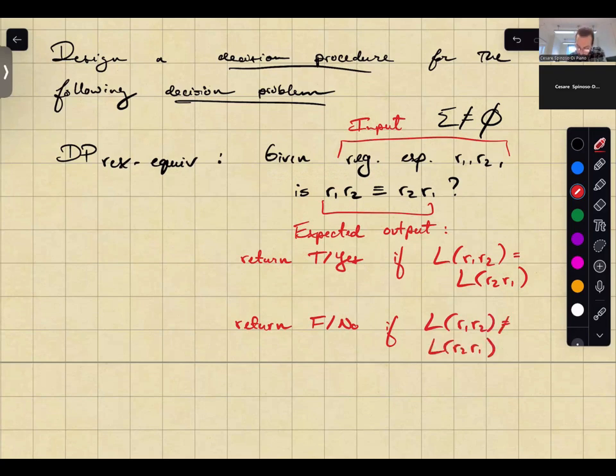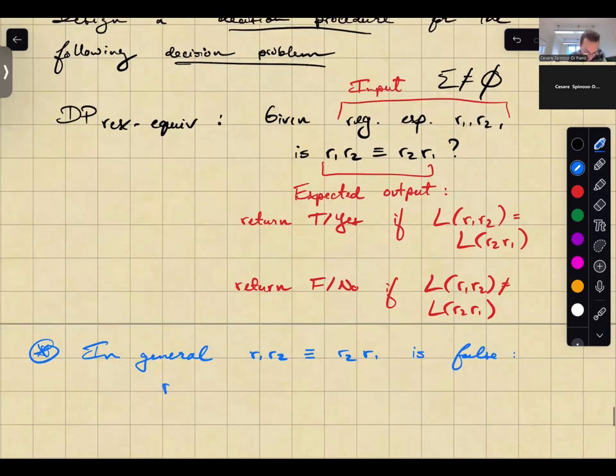Okay. And so in general, before we start this, I just want to say that in general, this is false. In general, r1, r2 equiv r2, r1 is false, right? Why?